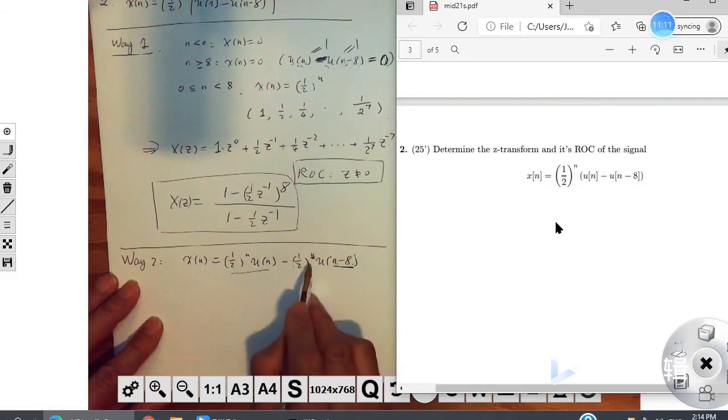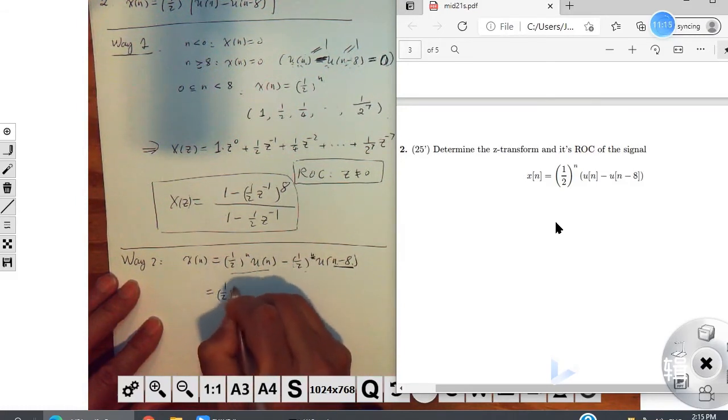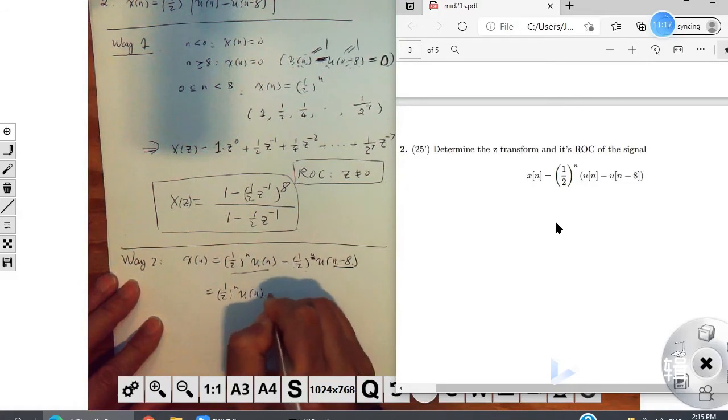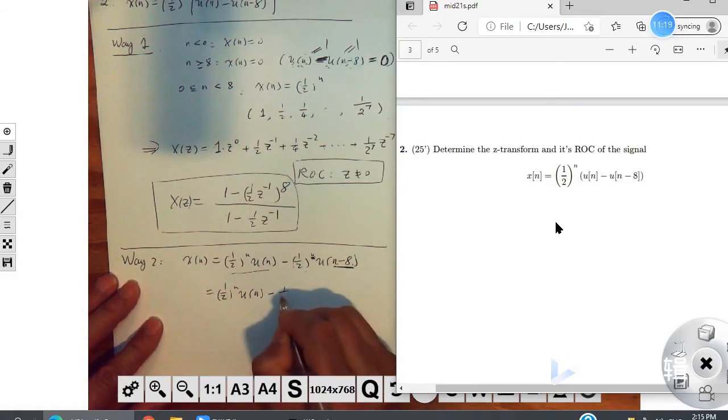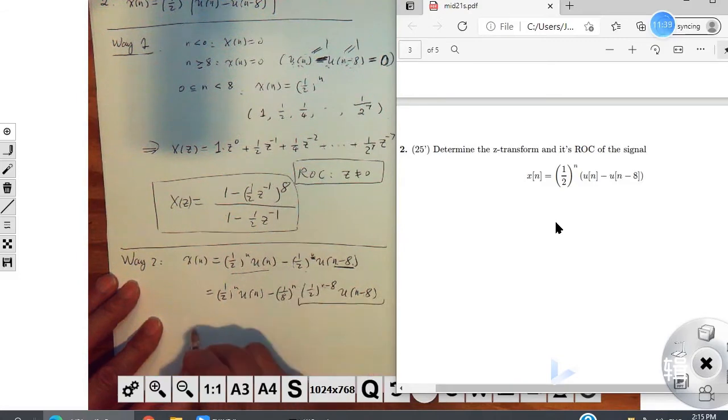We want them to be the same, so I can write it this way: half to the n u of n minus, I move 8 to the front, and then here is n minus 8, and u of n minus 8. So in this part, both contain n minus 8, so the whole thing is shifted by 8. Then we can have the result.